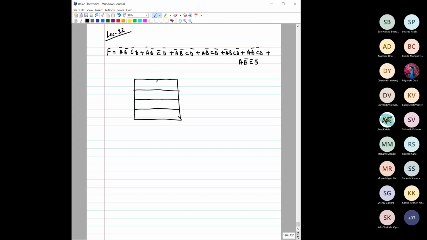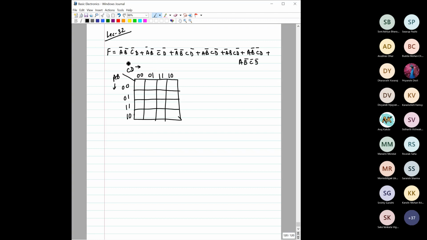So it is A, B, C, and D. Here it is CD on this side and AB on this side. For AB again it is 0 0, 0 1, 1 1, 1 0, and the same for CD.